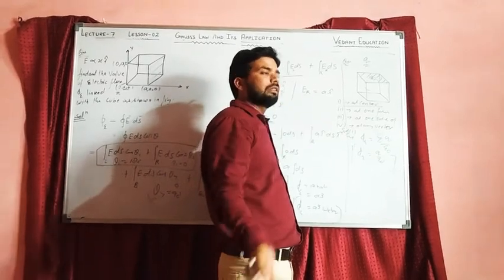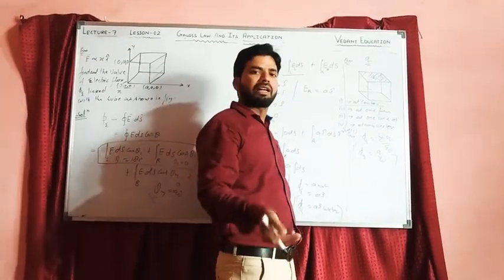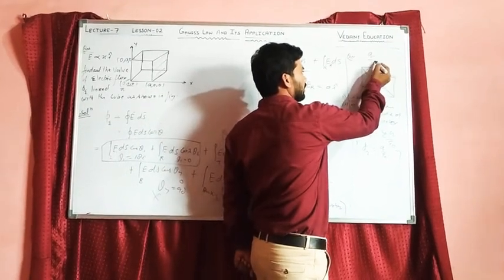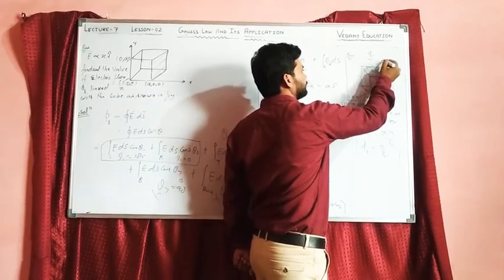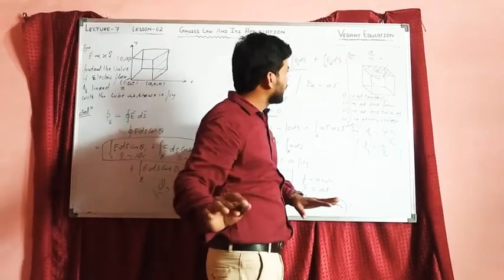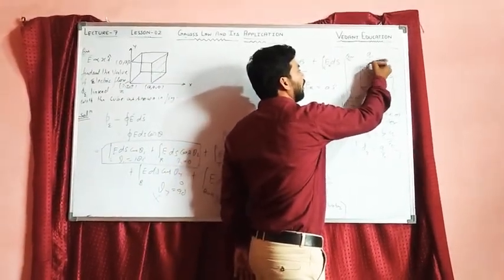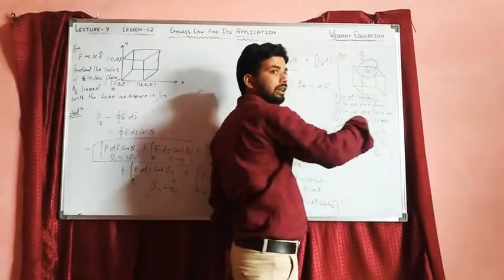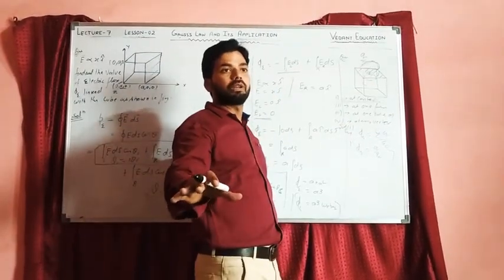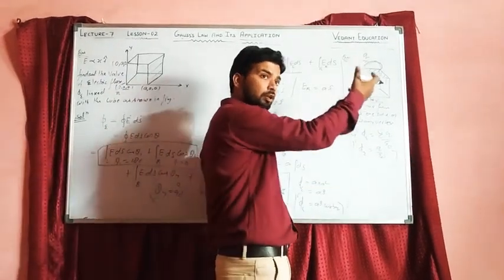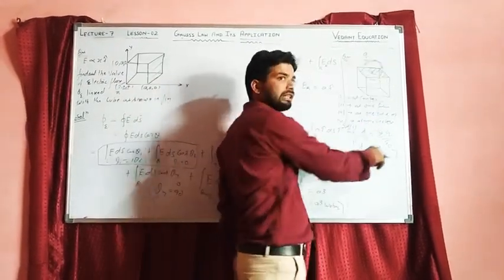You may consider spherical, cylindrical, any type of shape. If we plot the spherical shape, then you can see clearly that half of this sphere is outside the cube. Half portion of the Gaussian surface is outside the cube and half is inside the cube.